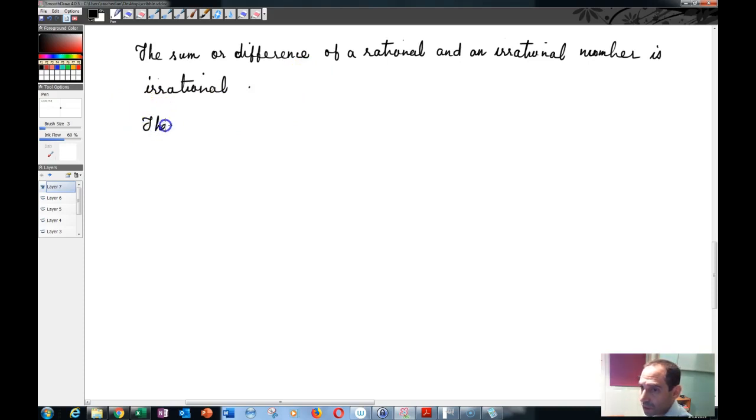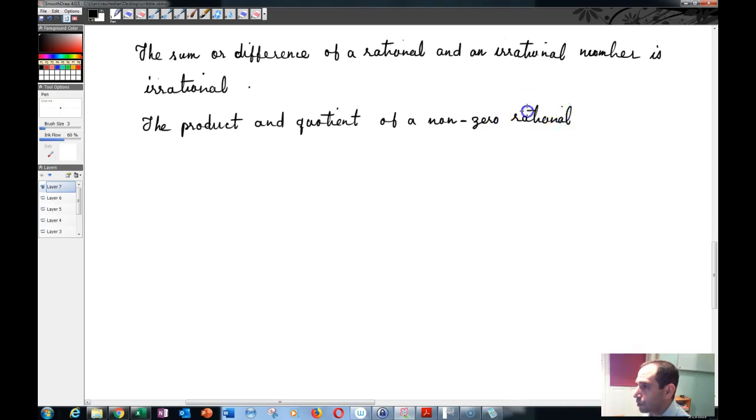So the product and quotient, which basically means division, of a non-zero rational and irrational number is also irrational.